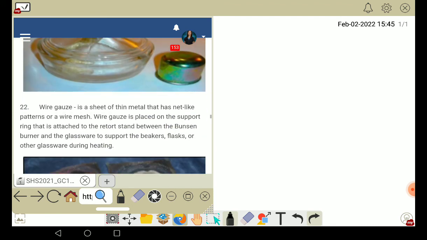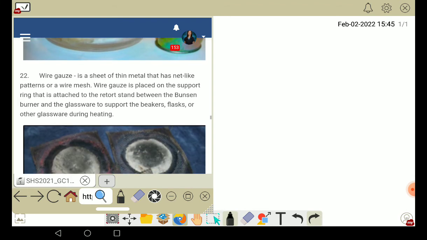Okay, next we have the wire gauze. It is a sheet of thin metal with net-like patterns, or a wire mesh. Wire gauze is placed on a support ring attached to the retort stand, between the Bunsen burner and the glassware, to support the beakers, flasks, or other glassware during heating.